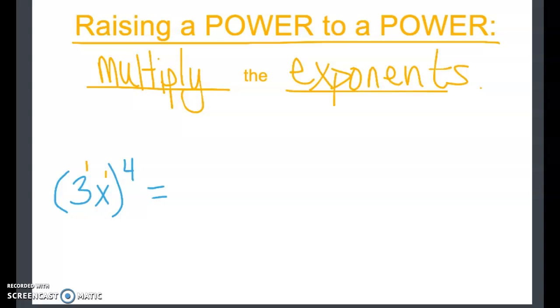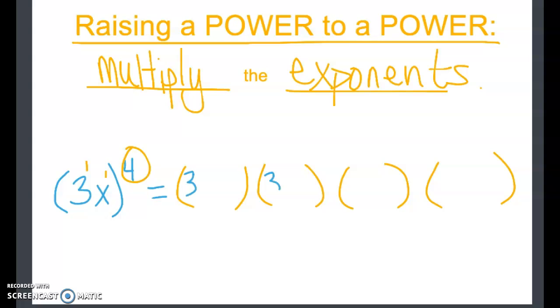So if we were going to expand this final answer, we would have 4 groups. And within each group, we would have 1, 3 being multiplied by each other, as well as 1x being multiplied.